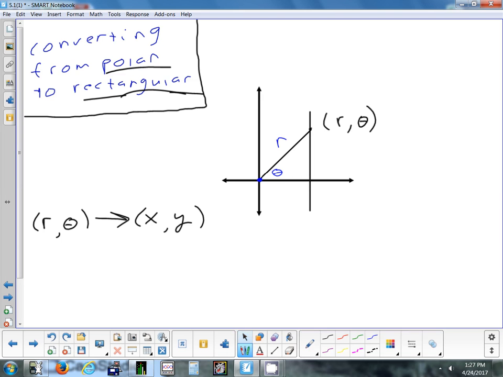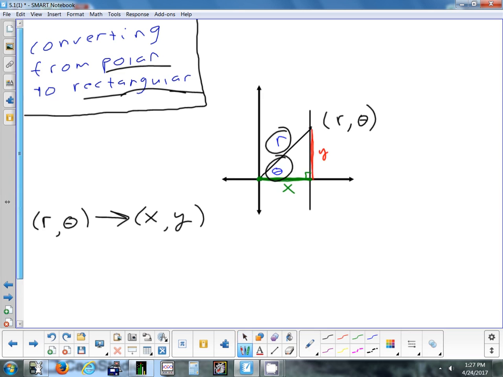This distance highlighted in green is the distance you move to the right. And this distance in red is the distance you move up. So our goal is to use this and that to figure out x and y. This is just SOHCAHTOA, a right triangle trig problem. You'll know r and theta, solve for x, and then separately solve for y.